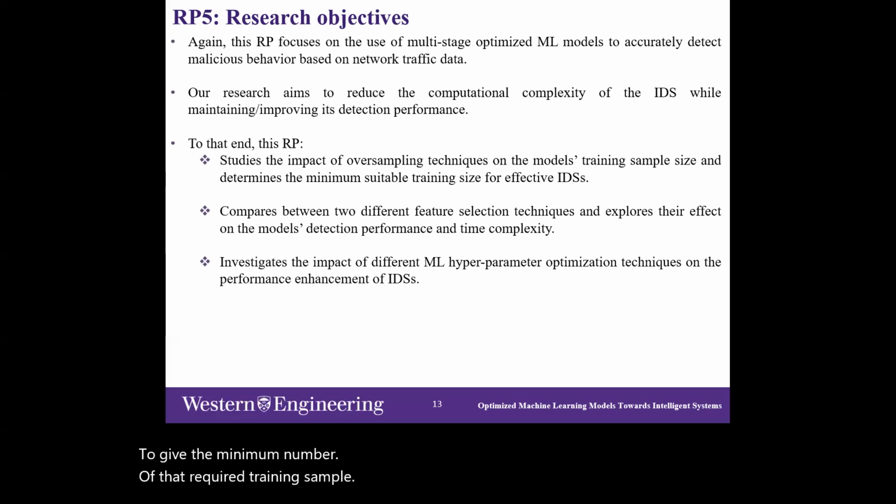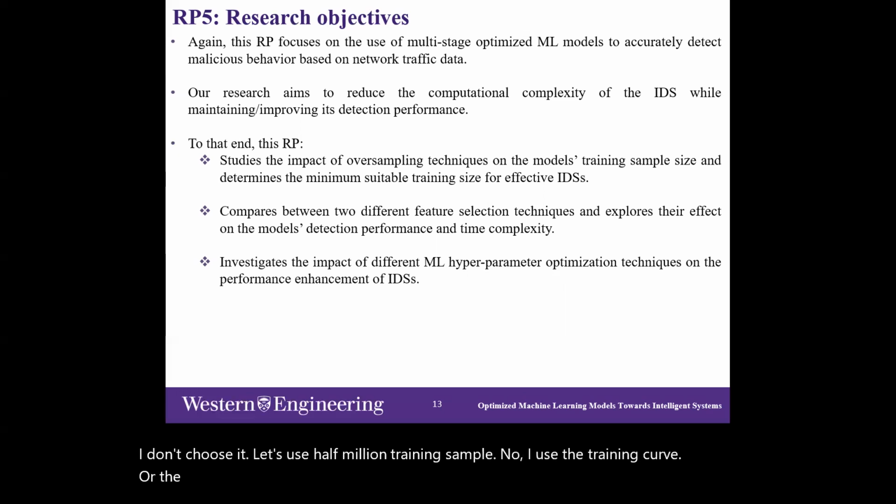I don't choose it like, oh, let's use 500,000 training samples. No, I use the learning curve, using the cross-validation curve, to determine the suitable number of training samples to be used in this problem.